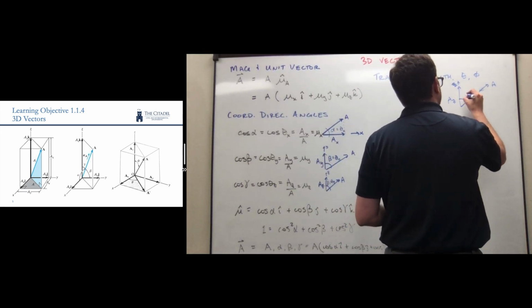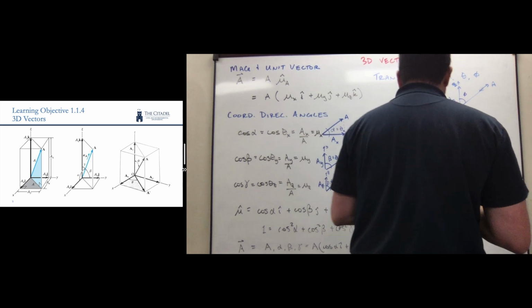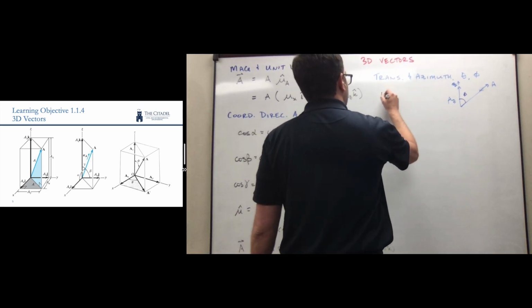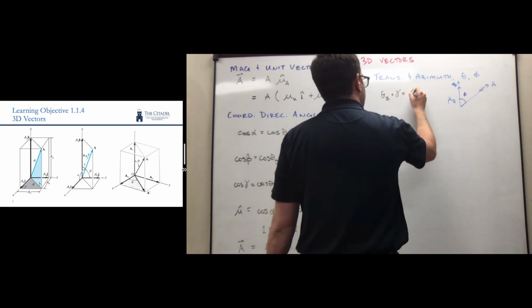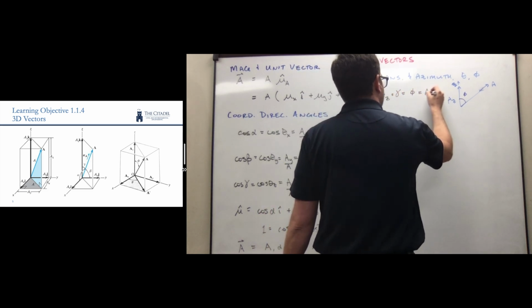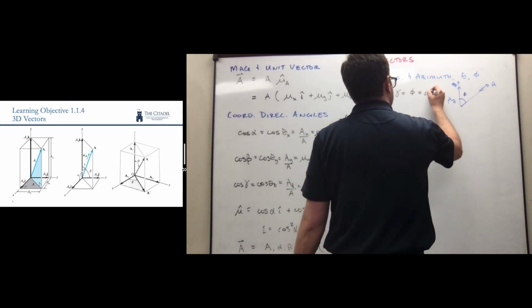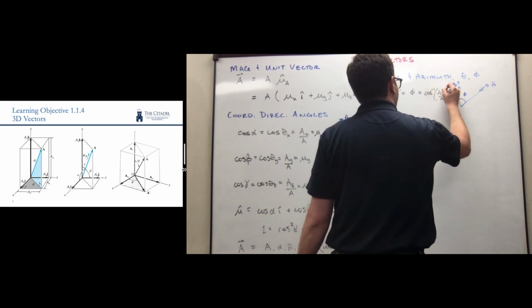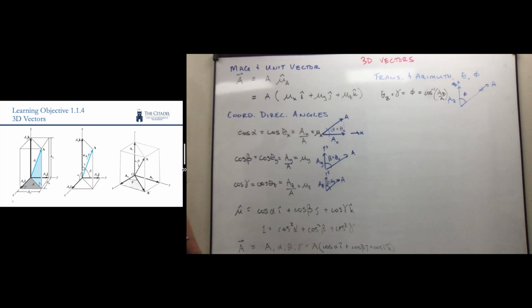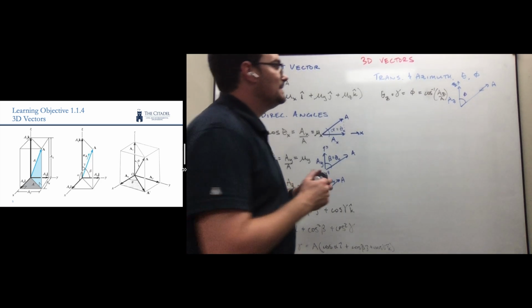And this angle here is going to be my azimuth angle. The thing I'll note is that theta z or gamma is equal to phi, which is going to be the same as the inverse cosine of az divided by a, like so. Inverse cosine. So that gives me my azimuth angle, azimuth.